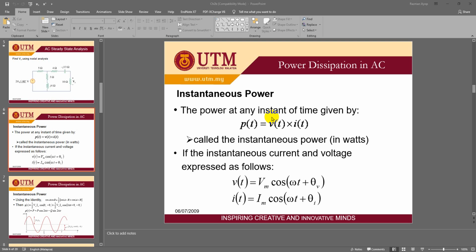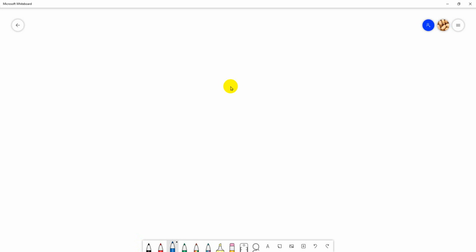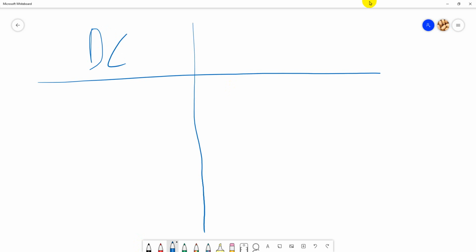Okay, so today in this class we will learn about power dissipation in AC circuits. Previously you learned that in DC, you have P equals VI.